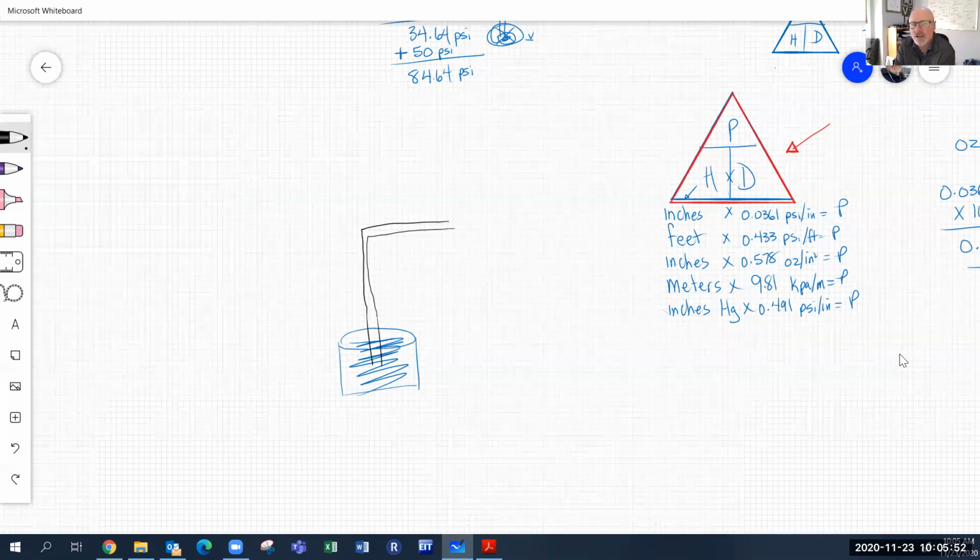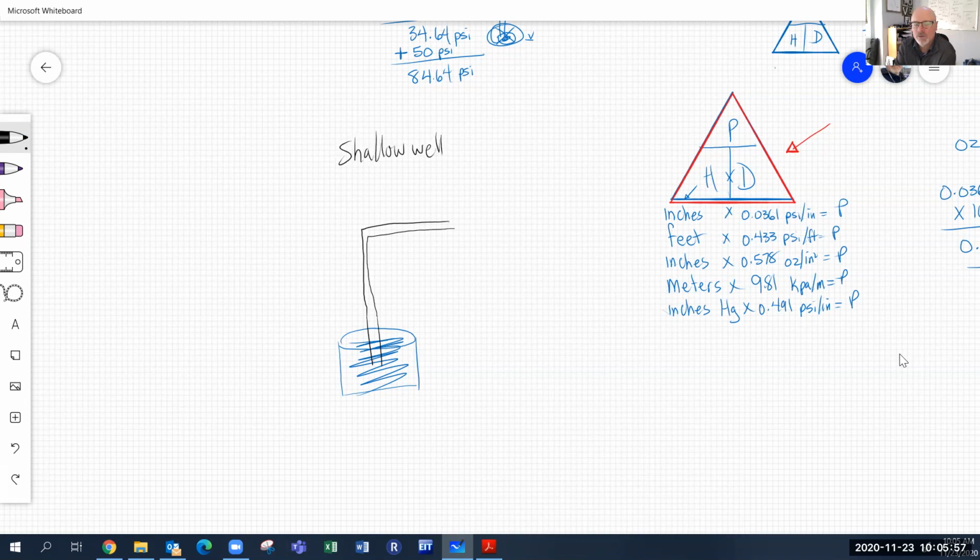For a shallow well, we will usually use a jet pump.